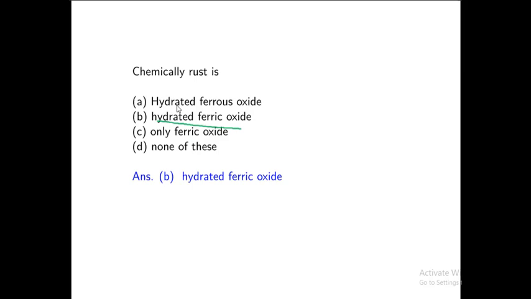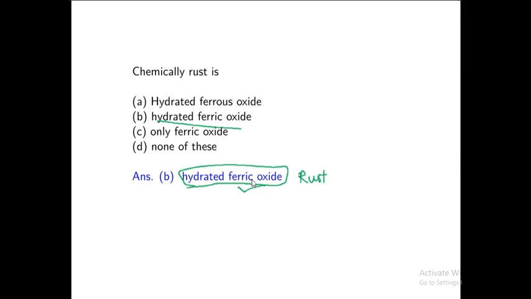Here you have hydrated ferrous oxide, hydrated ferric oxide, only ferric oxide, none of these. So the answer will be hydrated ferric oxide. All these questions are of 1 mark, so try to go through them. In these questions, they may come as match the following, fill in the blanks, or choose the correct answer.